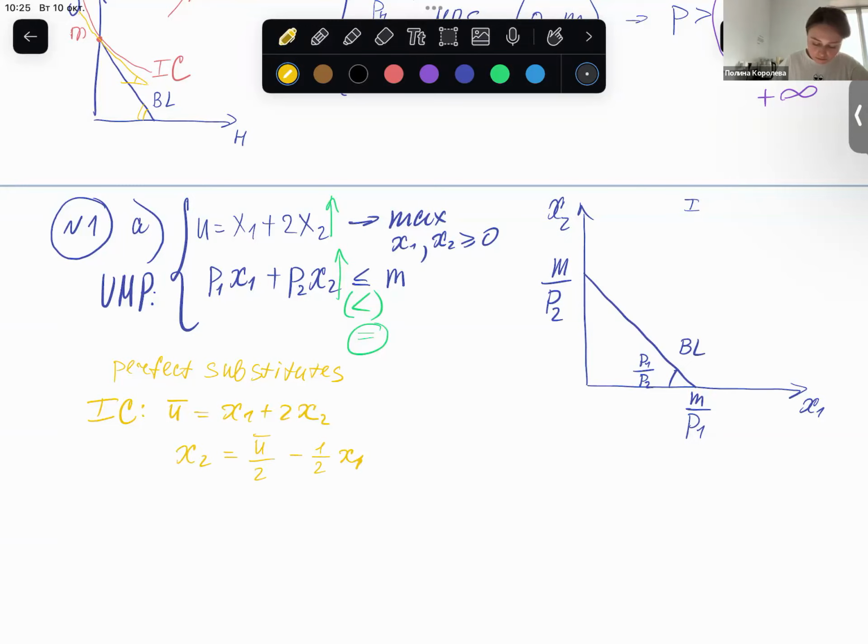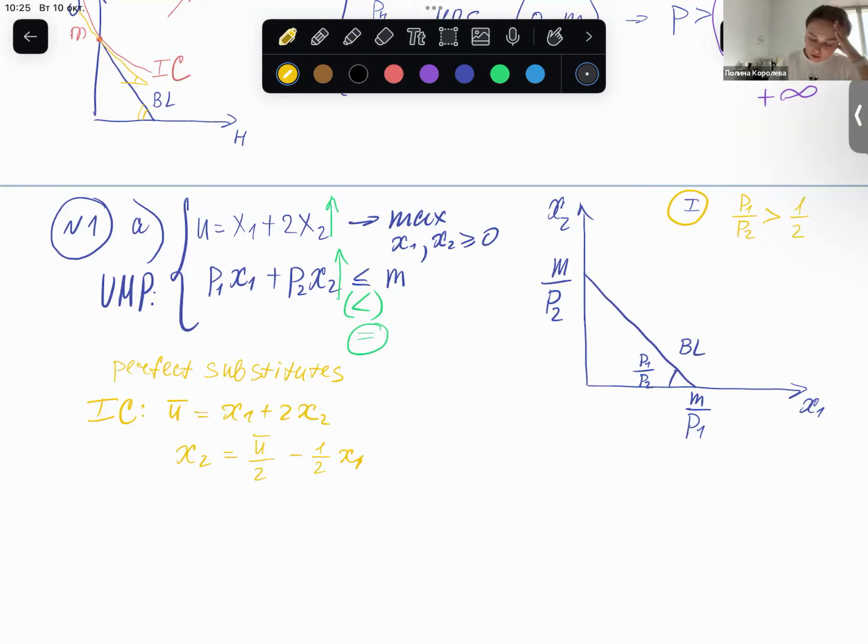So for the last intersection with our budget line, we can have 3 different situations. Let's consider the first situation, when the price ratio is bigger than the slope of the indifference curve, the slope 1/2.